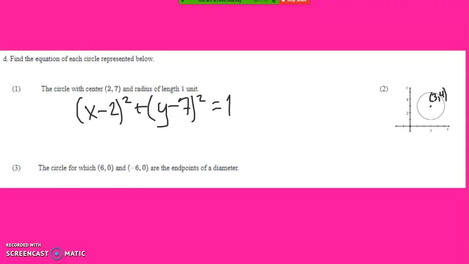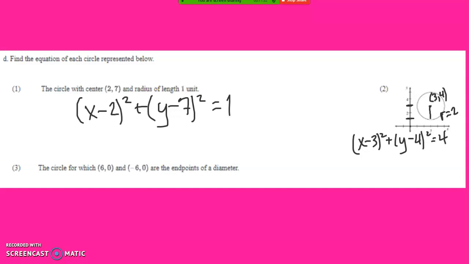And it looks like the radius is from here to here. The radius is 2. So we're going to have a circle of x minus 3 squared plus y minus 4 squared, and the radius squared, 2 squared, is 4.